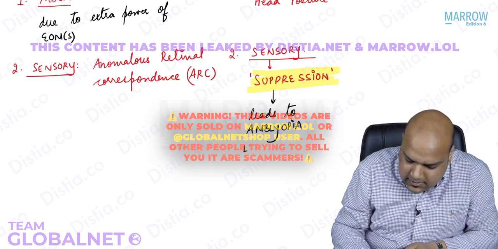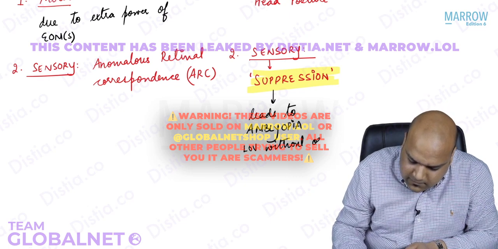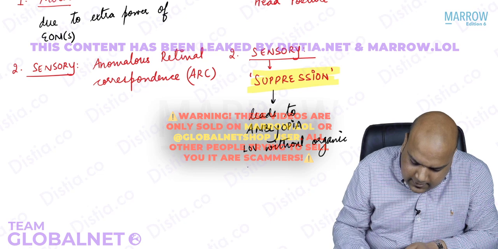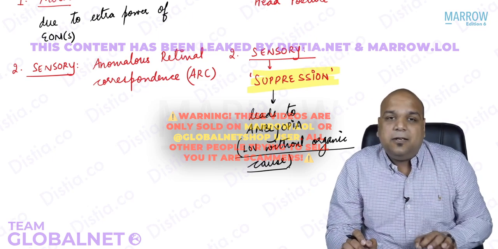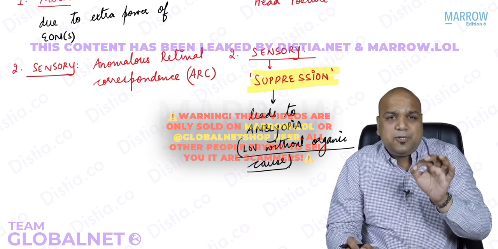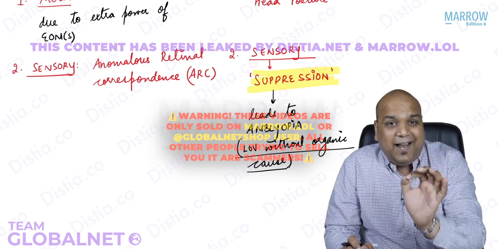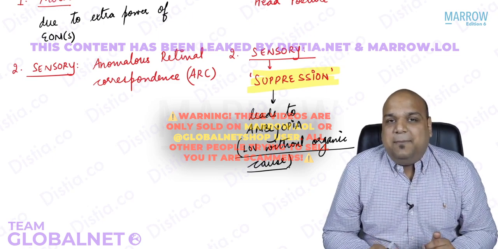Amblyopia, everybody, is loss of vision without organic cause. Okay, so even though suppression is an adaptation, it is not a positive adaptation, it is a negative adaptation for the patient, because the patient is going to lose vision from one eye and will land up in that dangerous word which we call as amblyopia.